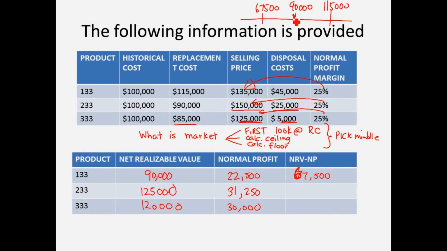Which is in the middle? So this is the most I could possibly record it at. So I ignore this. I don't care what this is because the most I could possibly record it at is 90,000. So what am I going to record my inventory at here? It's 90,000. So I'm going to record a write-down, a lower of cost or market. Instead of 100,000, I'm going to write it down to 90,000.